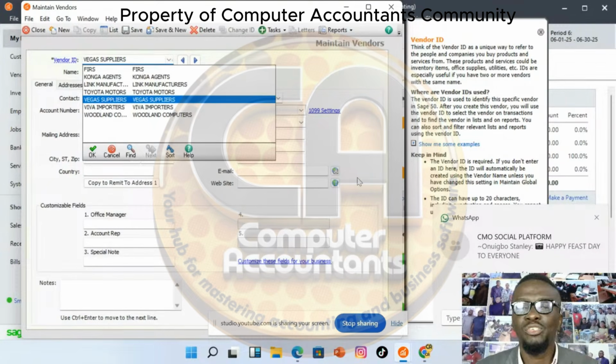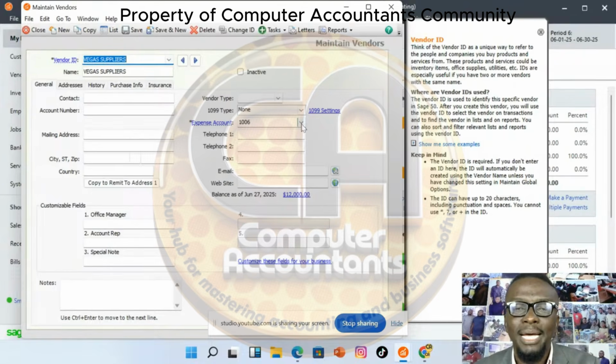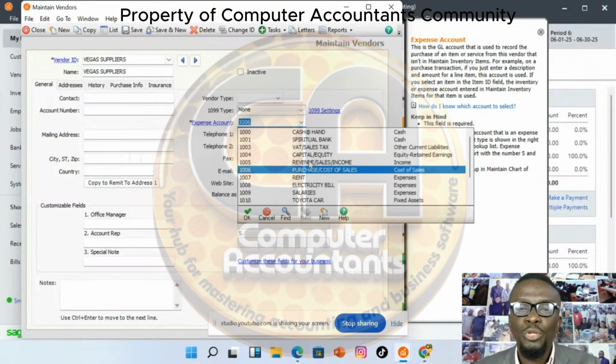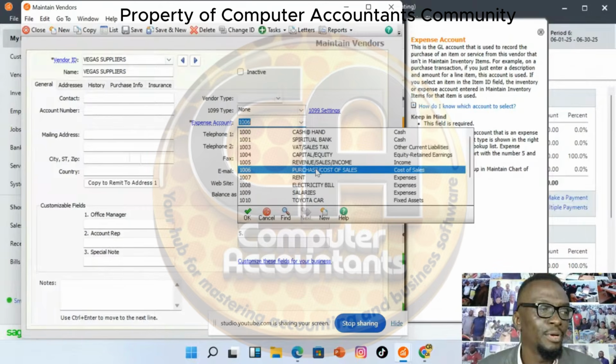If you go to expense account and drop down, you notice that Vegas is linked to cost of sales, because from the question, we bought some items from him. The product we bought was hair cream. So I have to link Vegas to cost of sales. Mr. James, this is the answer to your question.